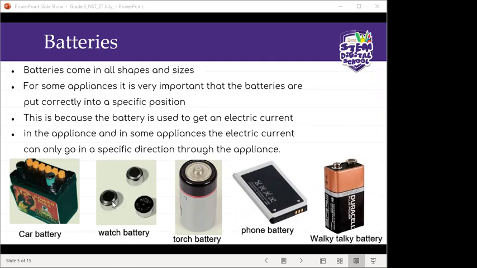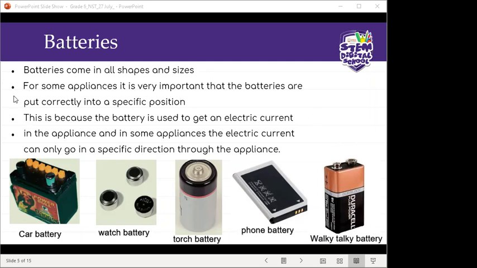Even with the watch, the one side is a positive, the other side is a negative. With this torch battery, you might have seen that the one end has this bulging point, right? And the other end is just flat. And then on the phone battery, there's a positive as well as a negative end. And even in this walkie-talkie battery, there's a positive as well as a negative end.